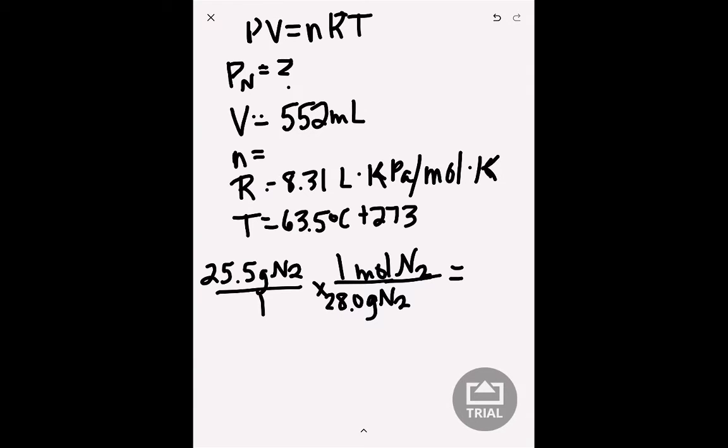So we got a couple things we need to do here. We need to change grams of nitrogen to moles of nitrogen to get our N. And then we have to change temperature to Kelvin. So let me put this in my calculator. 63.5 plus 273 is 336.5. And then 25.5 grams divided by 28 is 0.9107142 moles. So that's what we'll put up here for N.